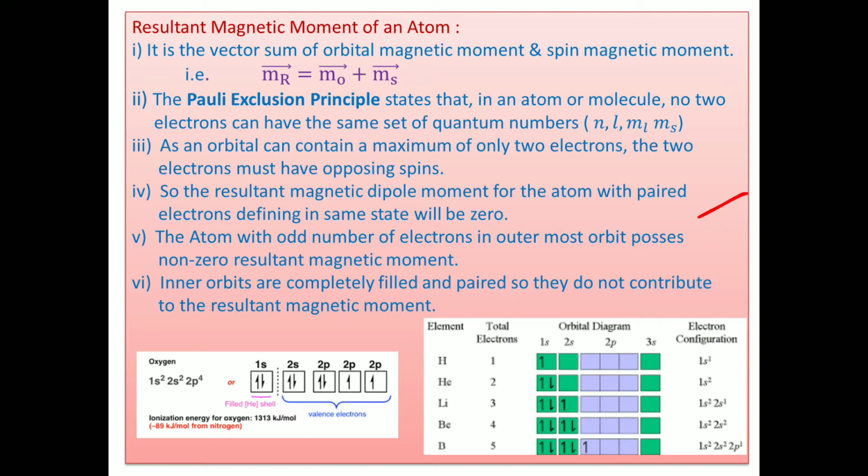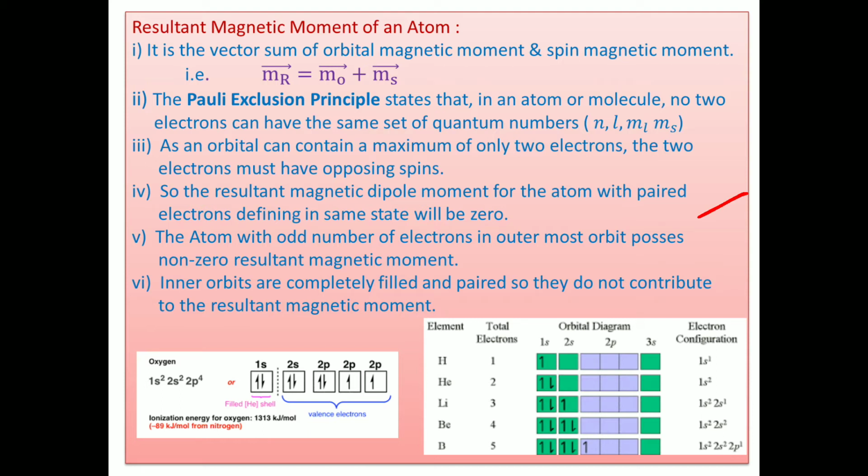So these two paired electrons cancel their dipole moments, and the resultant dipole moment is 0. An atom with an odd number of electrons in the outermost orbit possesses a non-zero resultant magnetic moment. Inner orbits are completely filled with pairs, so they do not contribute to the resultant magnetic dipole moment.